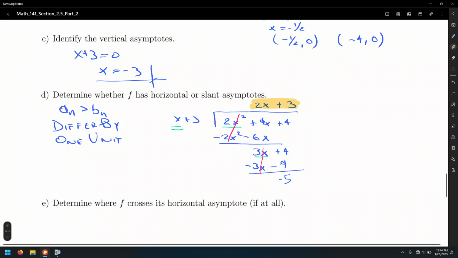And in fact, this will indeed reflect into getting a shape that looks diagonal, that is the slant asymptote, right? So the slant asymptote is going to be y equals 2x plus 3. And it's going to be dashed, because again, that's how we draw the asymptotes over here. All right.